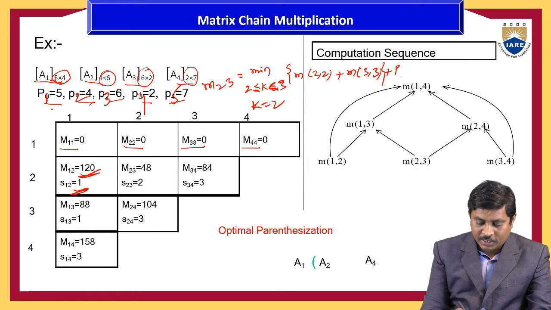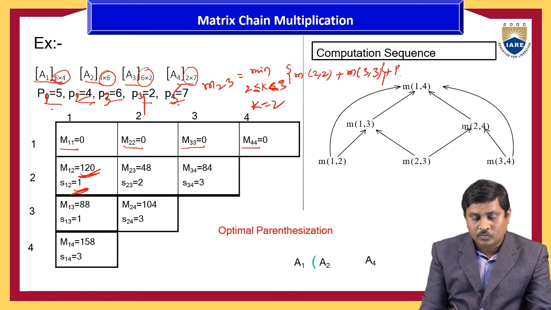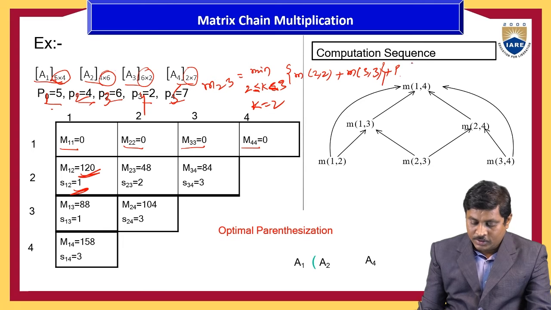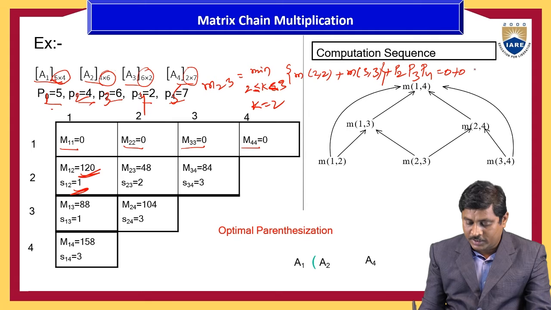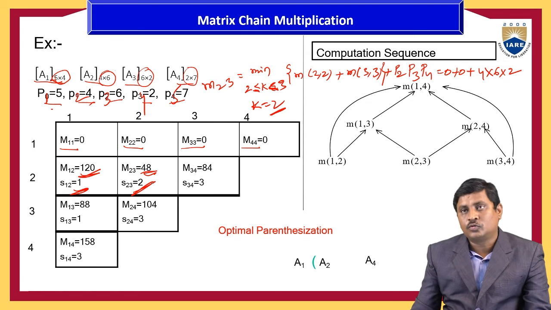Pi means here we take I value from 1 to n, that means I value 2, P2 into P3 into P4. This value is 0, this value is 0. 0 plus P2 value 4 into 6 into P4 value 2. 4 6s are 24, 24 2s are 48. So here the K value is 2.